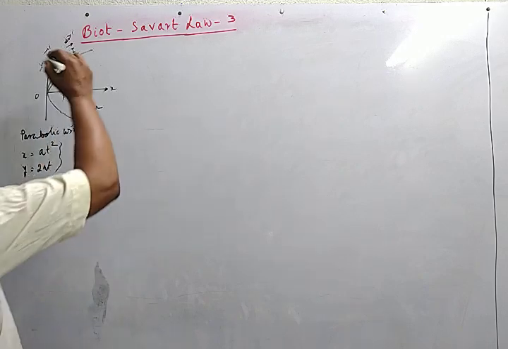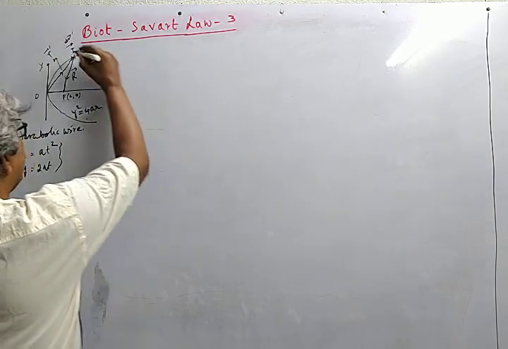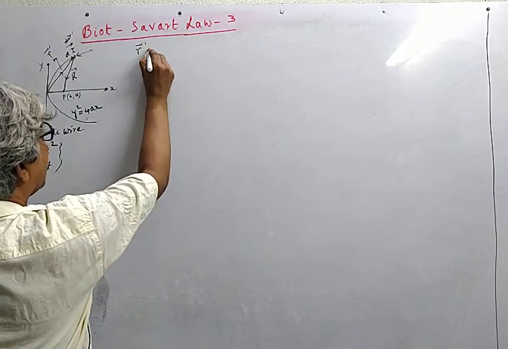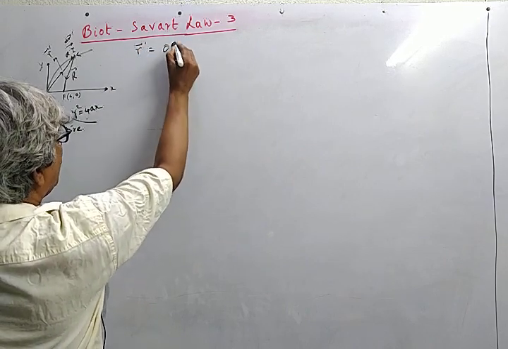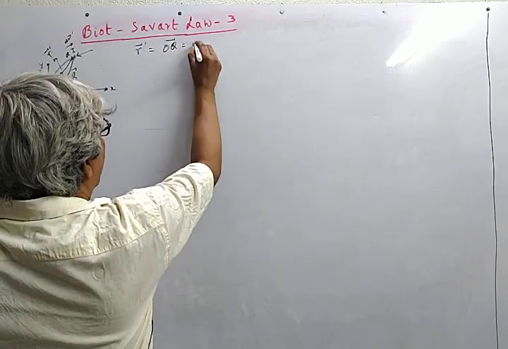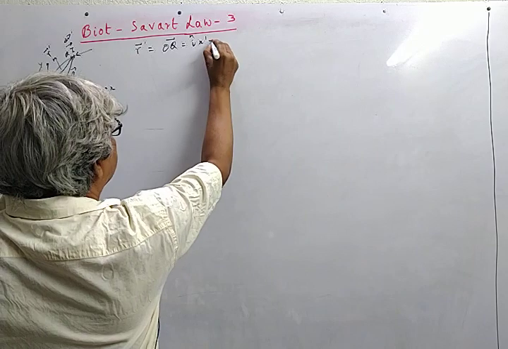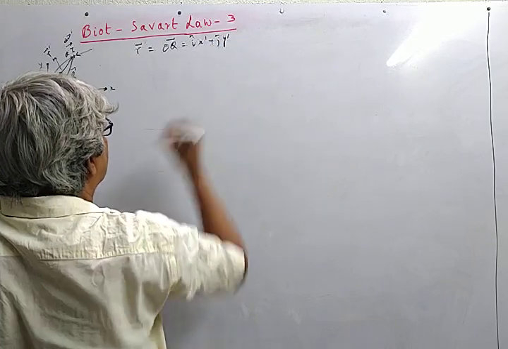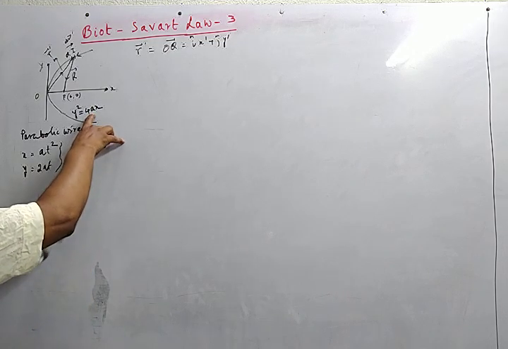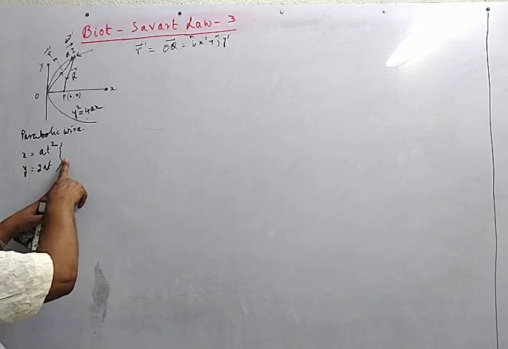So the source coordinate, if we consider this point to be Q, the source coordinate R prime is equal to OQ, which is equal to i cap x prime plus j cap y prime. Instead of writing this in terms of x and y, it is better to go to the parametric representation.